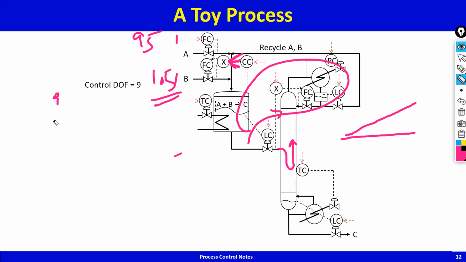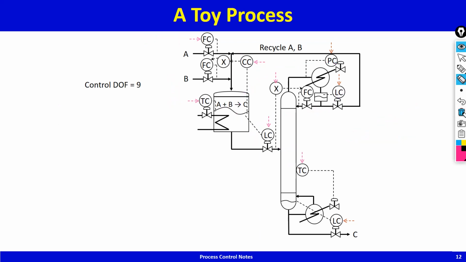Therefore, that excess is detected by a drift in the composition of the reactor, and that composition is maintained by adjusting the A by B ratio. So this is the control system here. We are maintaining the stoichiometric feed balance by adjusting the A by B ratio in a feedback arrangement.